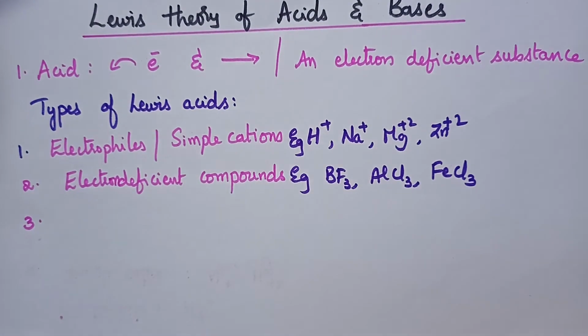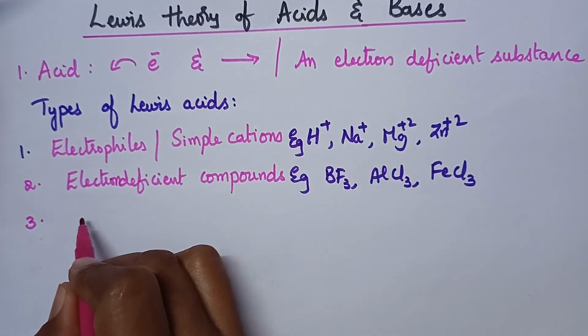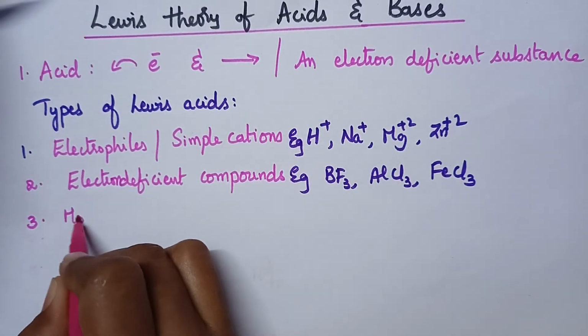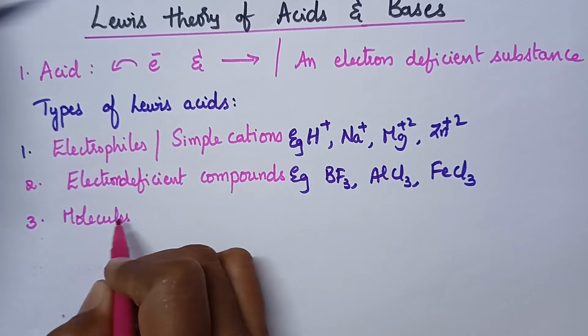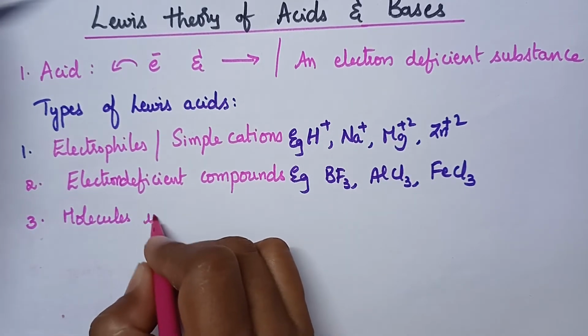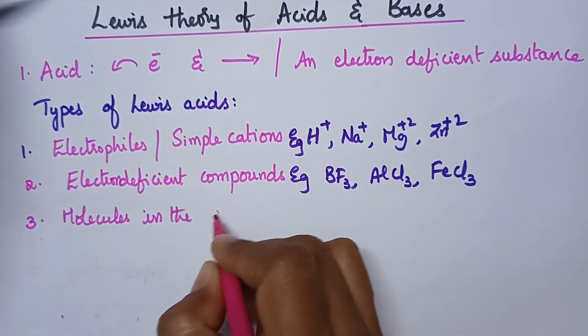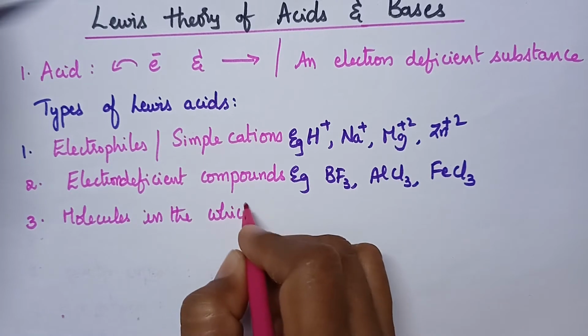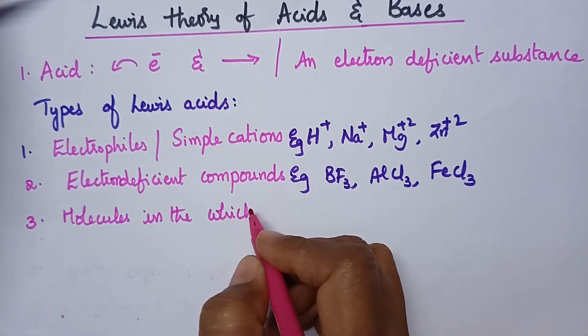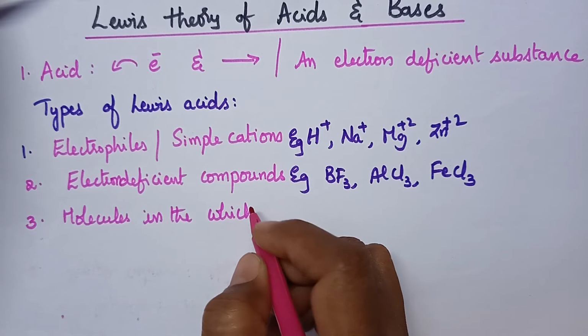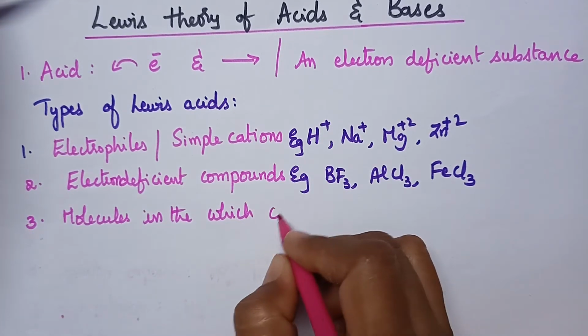In addition to electron deficient compounds, molecules in which the central atom can expand its octet can act as Lewis acids.